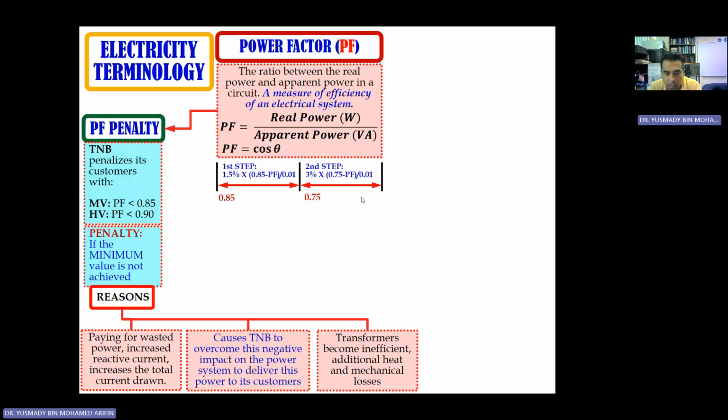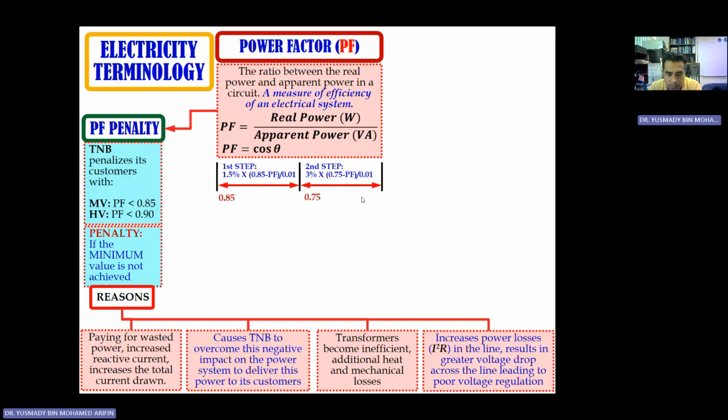Okay. And the transformer, because of the higher usage of electricity, probably becomes inefficient, so we will have additional heat and mechanical losses. The last one is the increase of power losses. In brackets, I squared R is the formula for the power losses in the line. This results in greater voltage drop across the line, leading to poor voltage regulation.